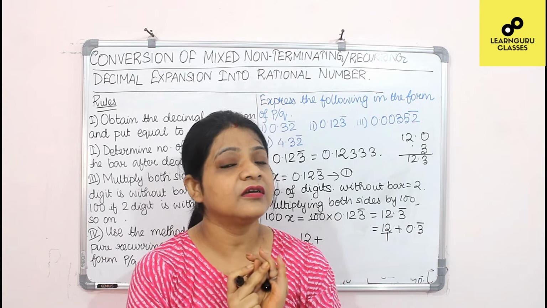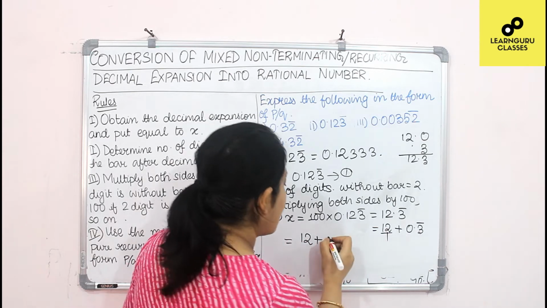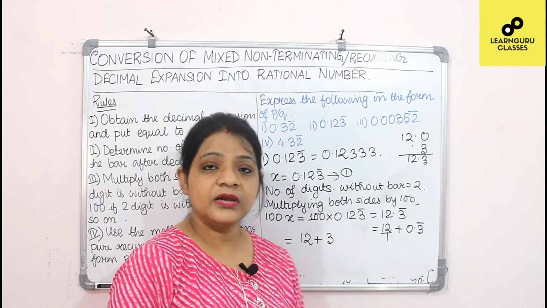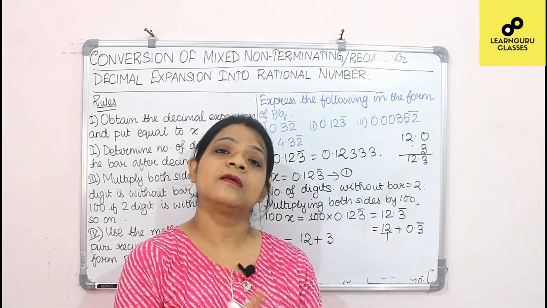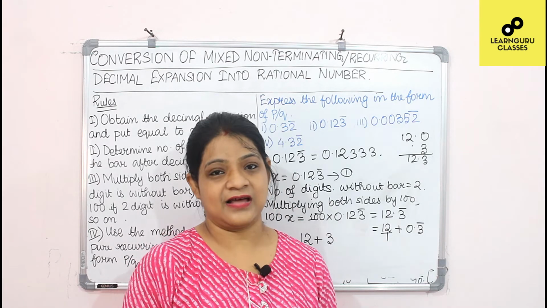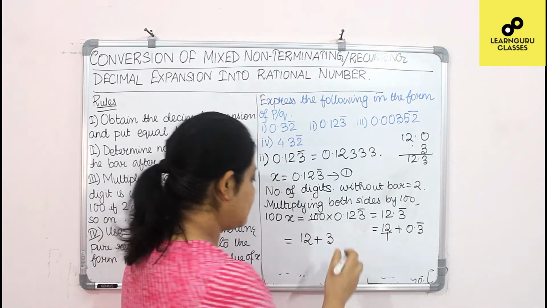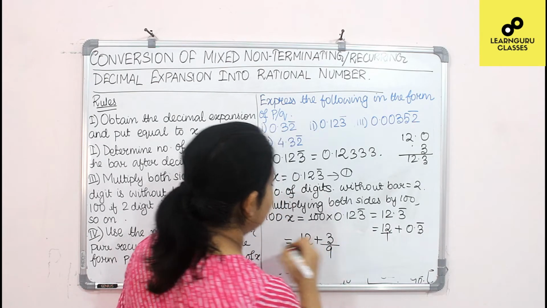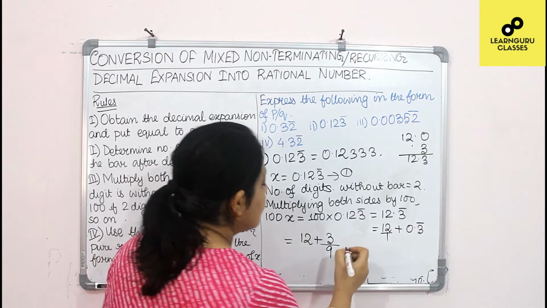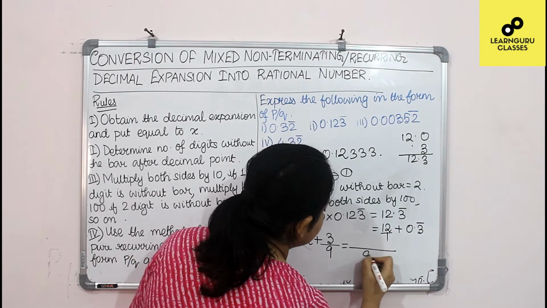In the numerator you will write the number as it is. Now in the denominator, you will simply write 9 because only one digit is under the bar. So you will write this simply as 12 plus 3 by 9. Okay, now the LCM is 9.